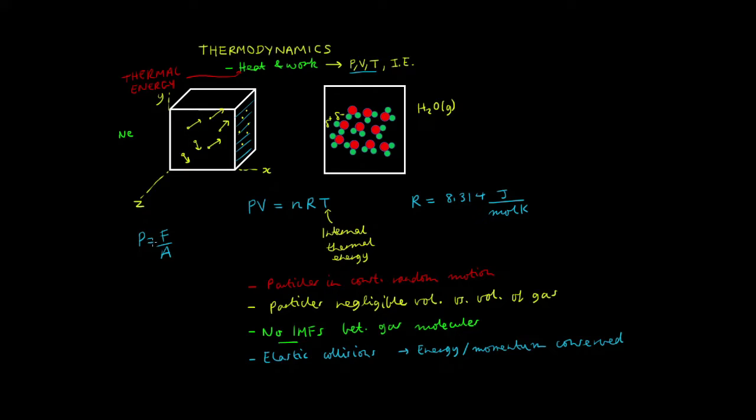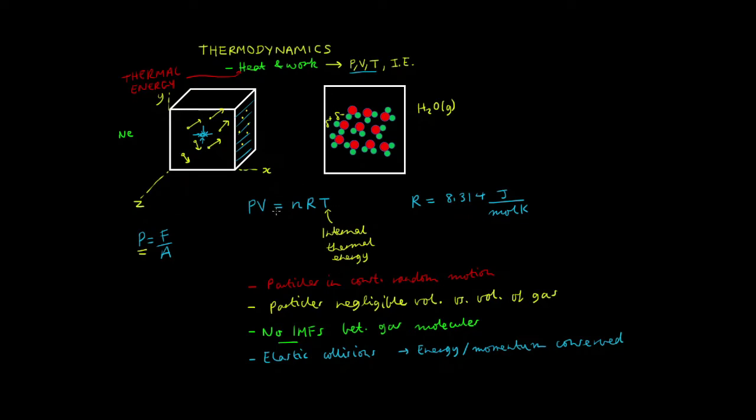And the force on the area gives you the pressure due to the forces imparted by these particles on the wall container. And also pressure can occur at any point in the gas. So if you take an element, you're going to have the gas exert a pressure on this element.